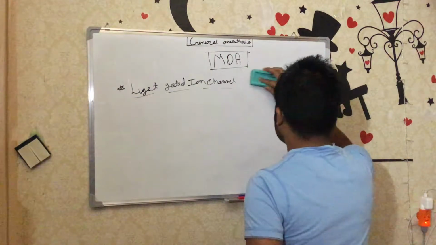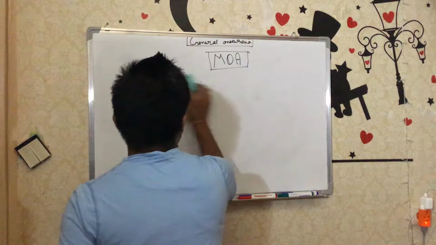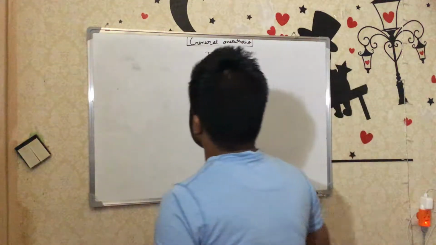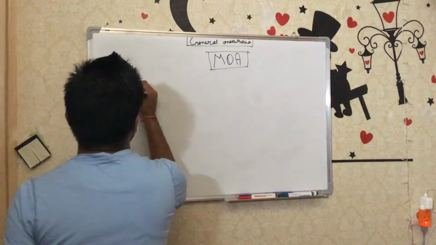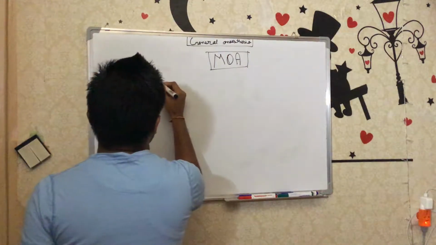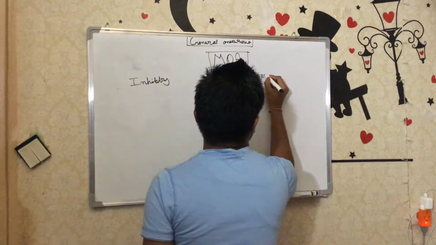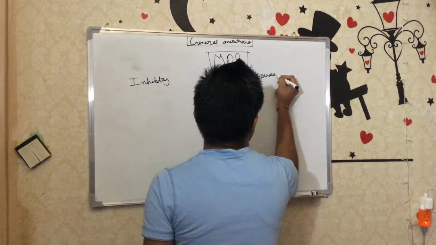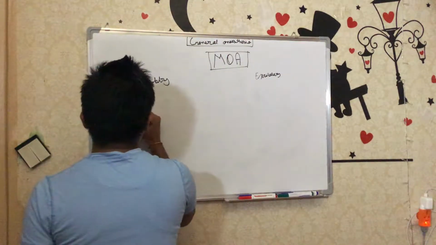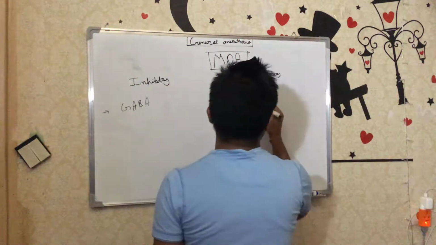How? We'll discuss. In the brain, some neurotransmitters are inhibitory and some are excitatory. Mainly, the inhibitory neurons use gamma-aminobutyric acid, and the excitatory ones use glutamate.